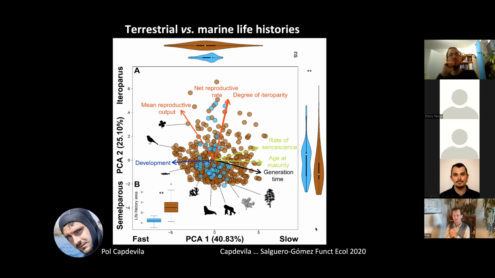To such an extent that when compared to terrestrial species, the axis that matters most to marine species is not the fast-slow continuum. So what you can see here is hundreds and hundreds of plant and animal species characterized according to marine in blue and terrestrial in brown.